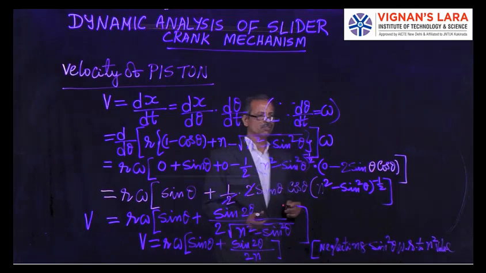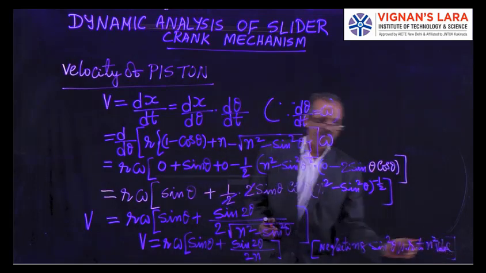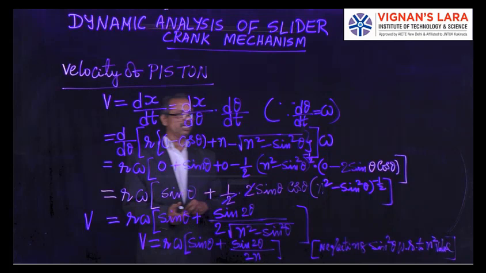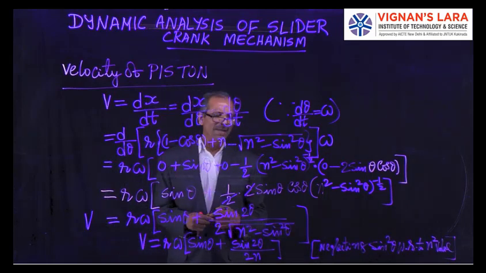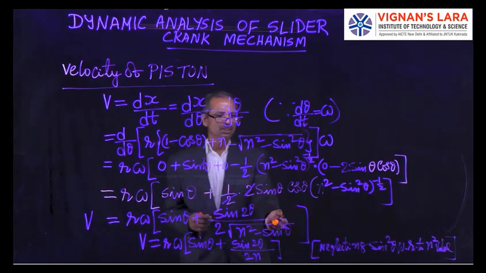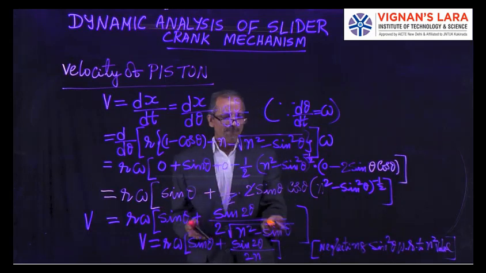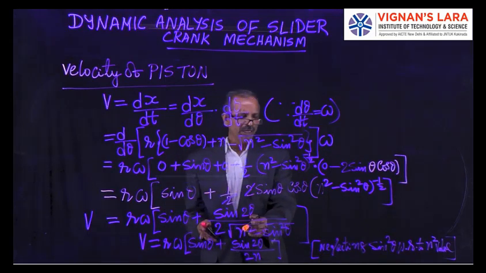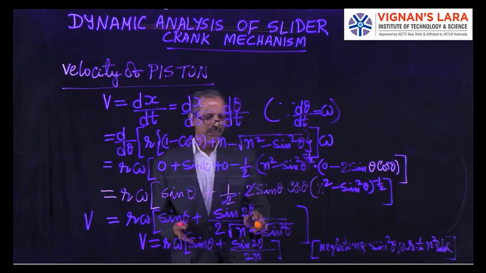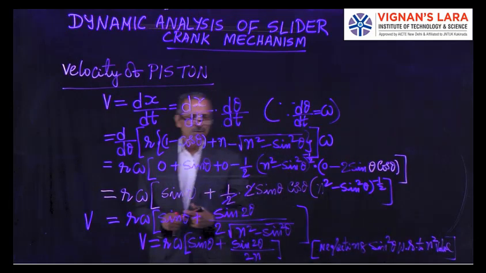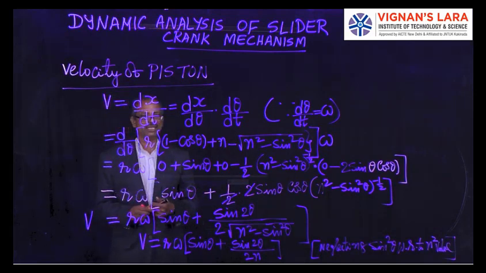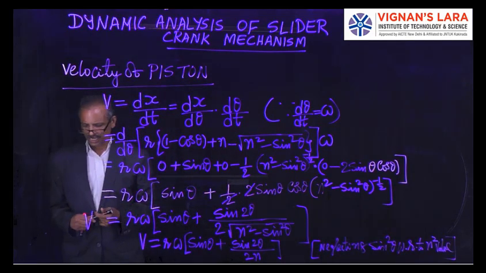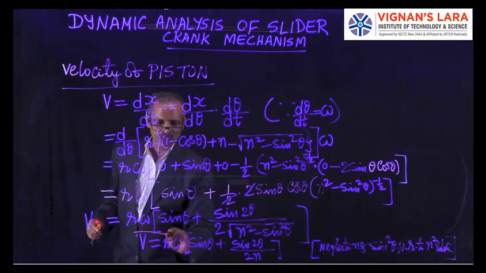Assuming n is a big value and n square is still bigger, then automatically you know that sin theta maximum will be 1, so this becomes comparatively 0, and then it becomes root n square, that is n. So I can write v is equal to r omega into sin theta plus sin 2 theta by 2n. So this is one equation.